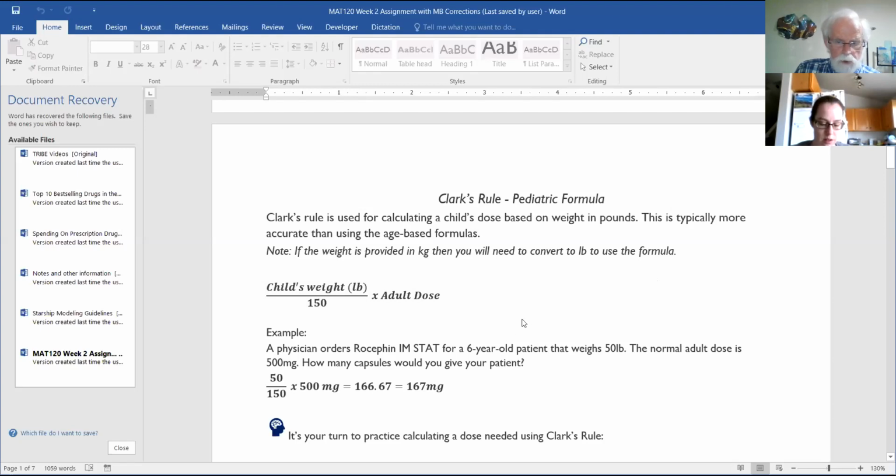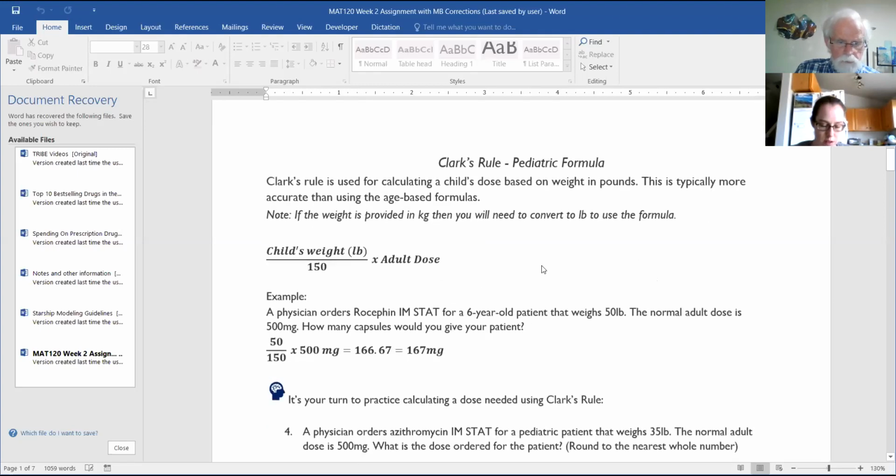In this particular case, the example is we're ordering Rocephin. It's an intramuscular injection. This statement here is absolutely correct: you're not going to give capsules to this patient. What you're going to get is an IM injection. Obviously, you're not going to dump stuff out of a capsule and inject it.